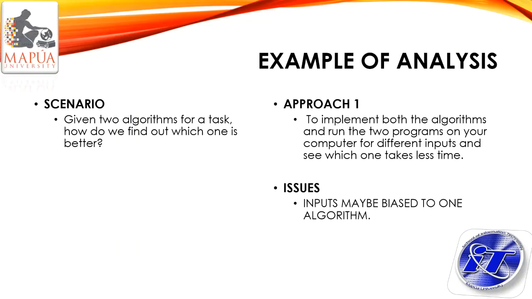And also, when we implement algorithm in a computer, definitely machine will have an effect with our result. Configuration of the machine will give us different result to the theoretical analysis that we're going to do. Okay, so again, lots of hardware will have an effect with the analysis.